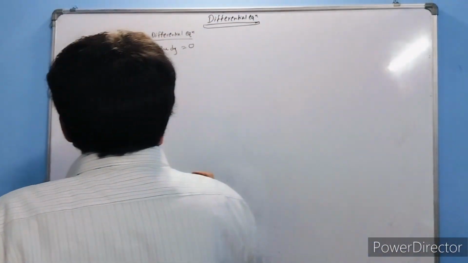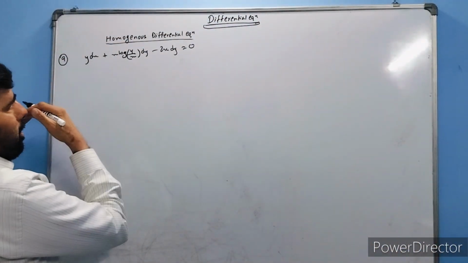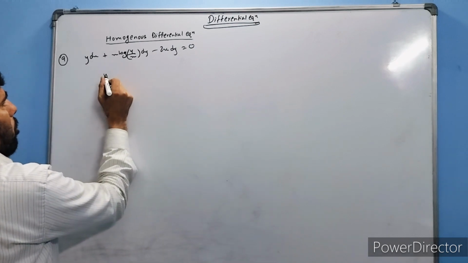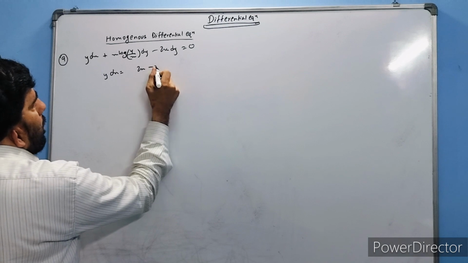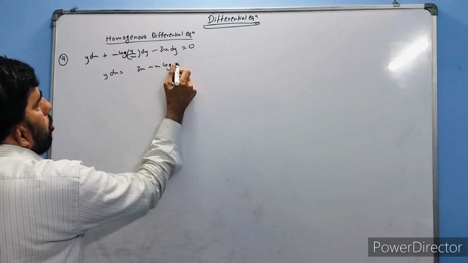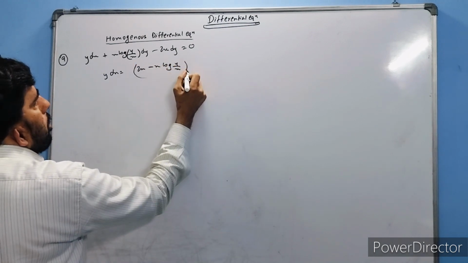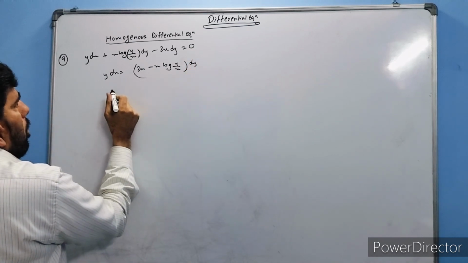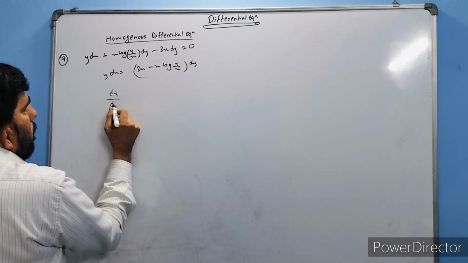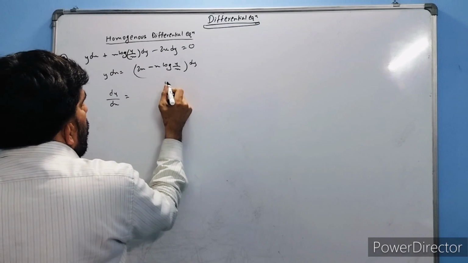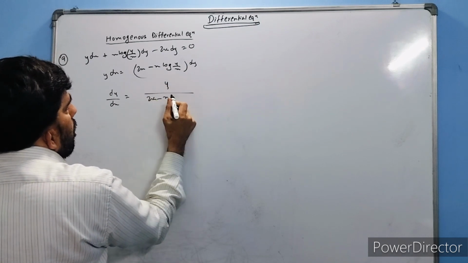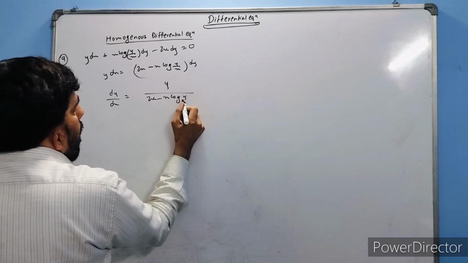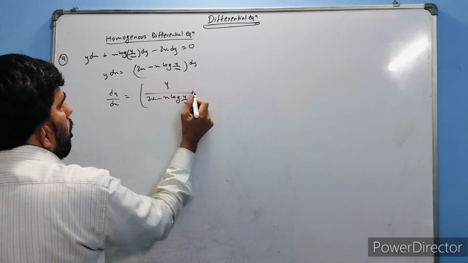So now we'll try to separate it so that you can easily find. Now y dx = (2x - x log(y/x)) dy. Now dy/dx = y/(2x - x log(y/x)).